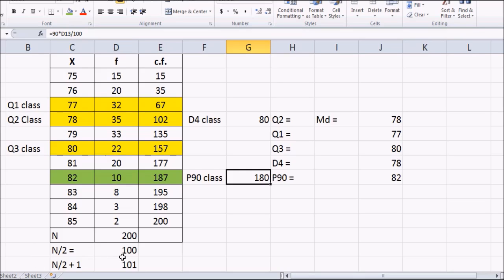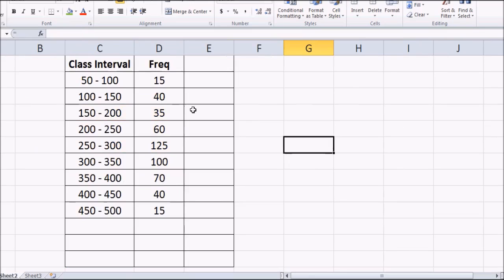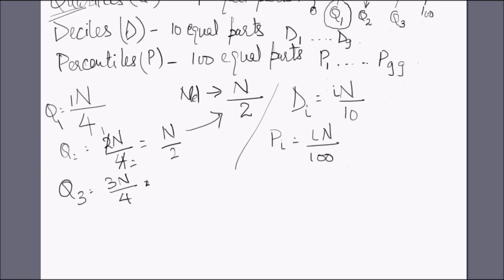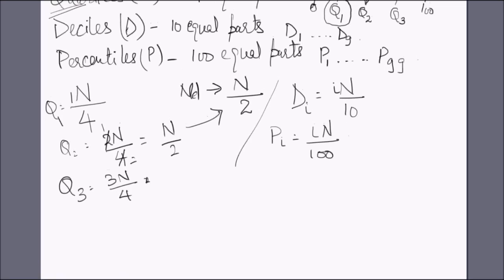Alright, so let's go now to grouped frequency distribution. Before that, let me just recollect the formula which we had for median, and we will be using a similar formula.